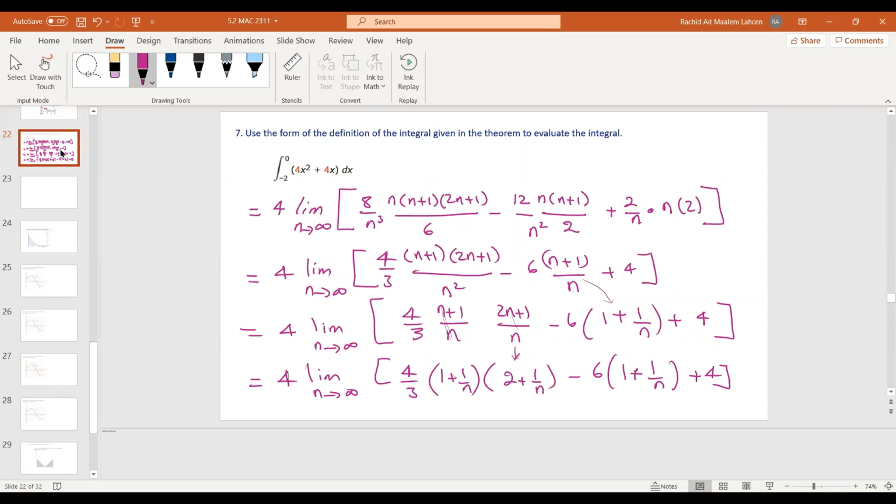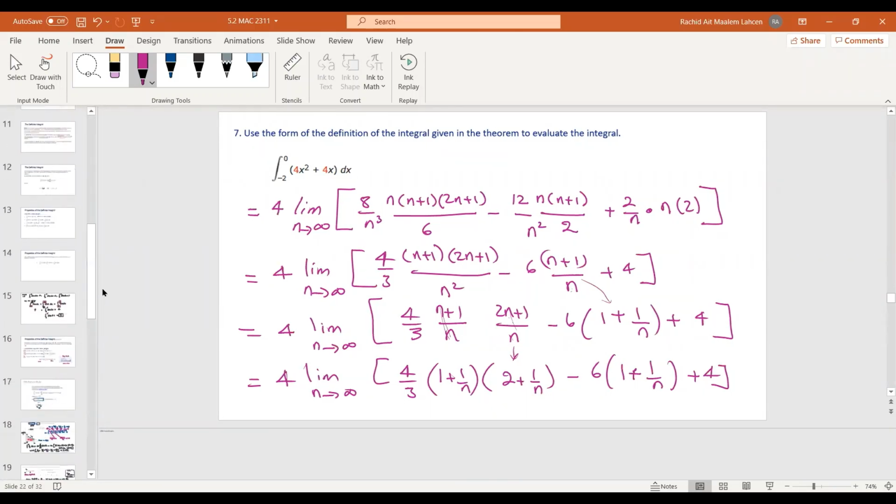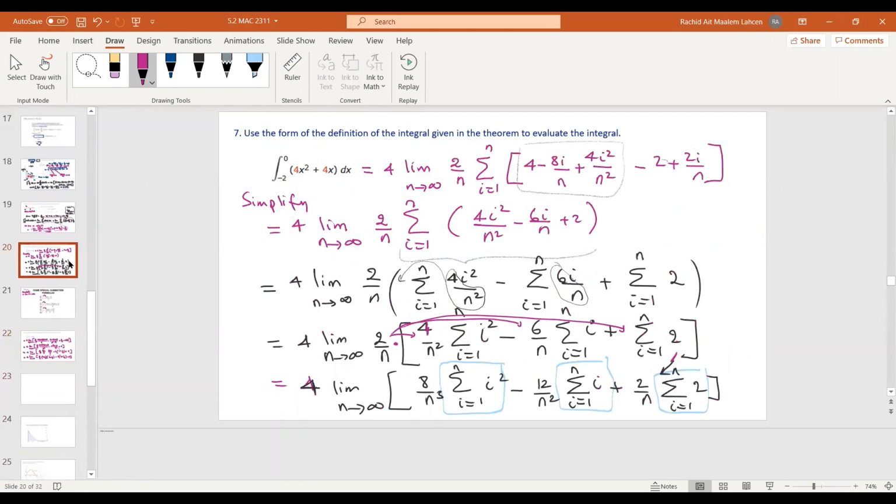So what happened right now, to explain a little more so it's not lost in all these steps, is we started with the summation, based on the definition of the definite integral.